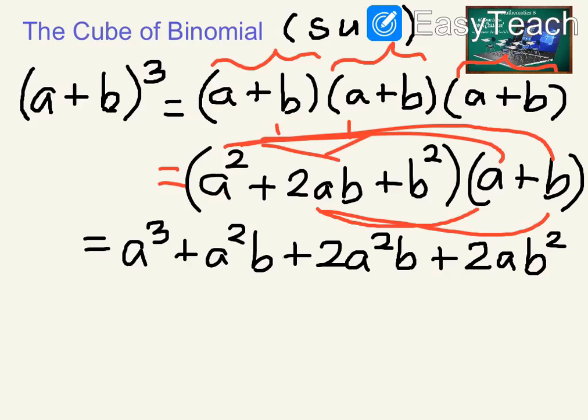Next, the last one. We multiply the b squared. Here, b squared times a, so we will have ab squared. Let's use black ink, this is ab squared.